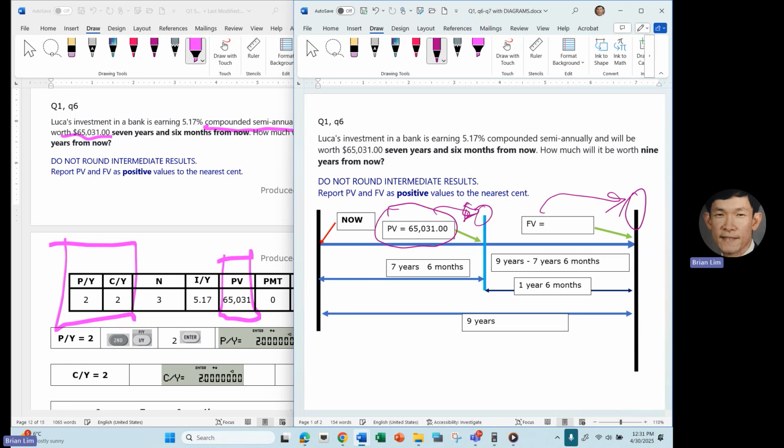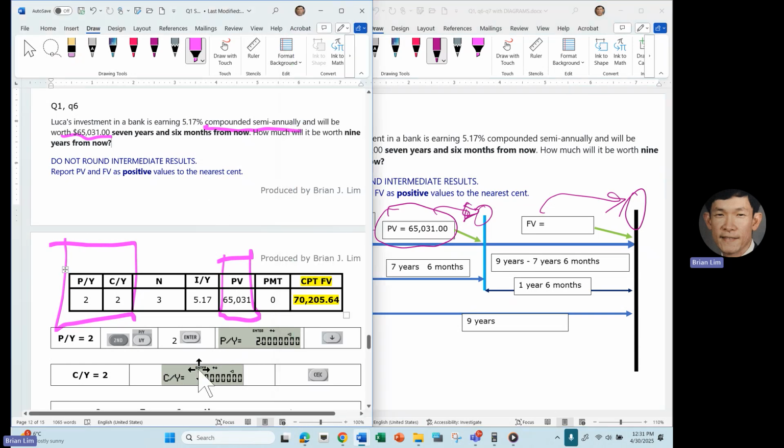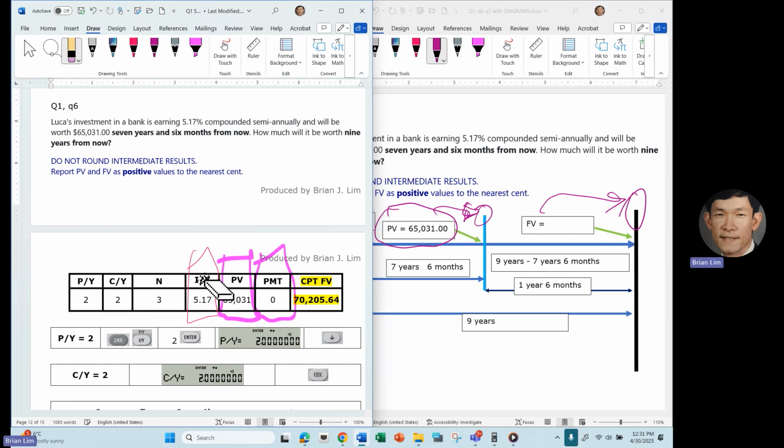Okay, all right, so let us proceed, and 0 for the payment, yes, because there is no payment, and the interest rate is 5.17. So with that, we can start to put in the numbers and find the future value 9 years from now, given the value at 7 years and 6 months from now.